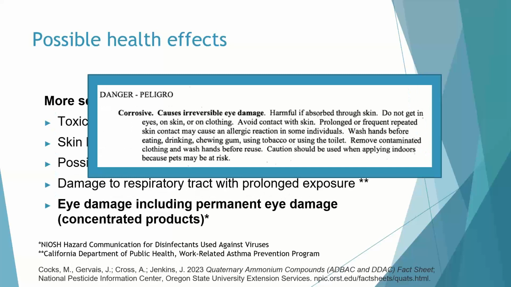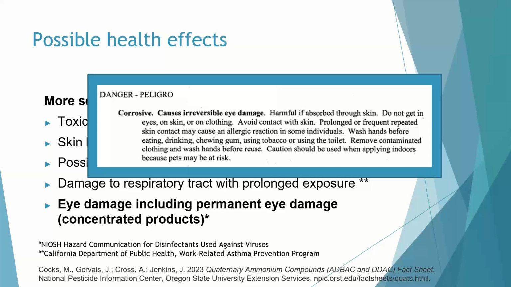Oh, and there's an example of a label warning statement from a product with a concentrated disinfectant chemical in it. So it says danger, and danger is the highest level of what they call a signal word. So when you see danger, you know that there is something that could potentially be quite harmful in the bottle you're looking at.